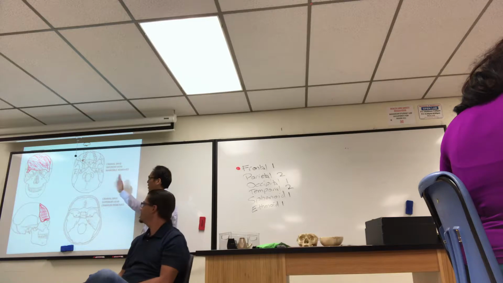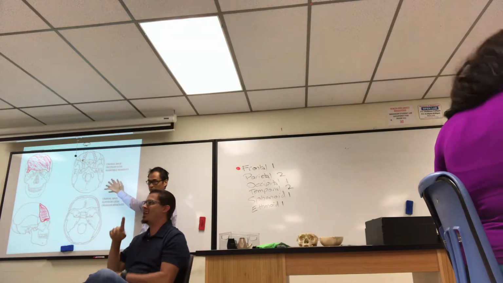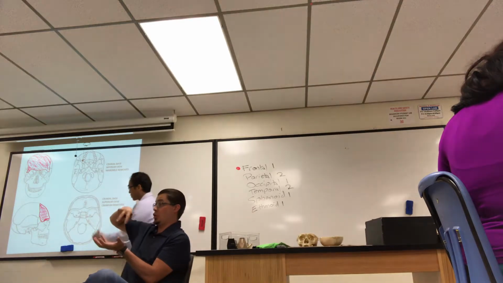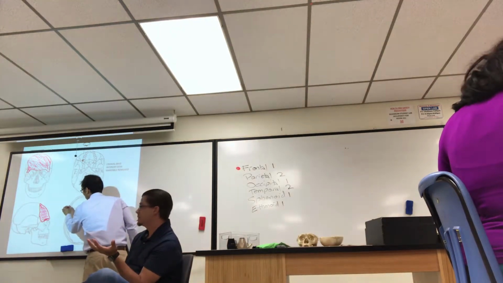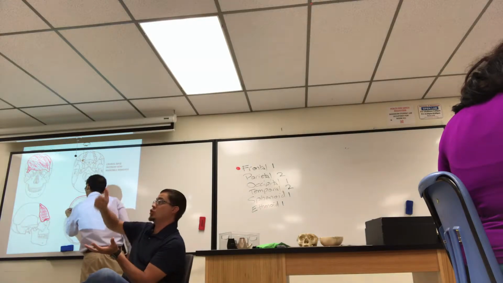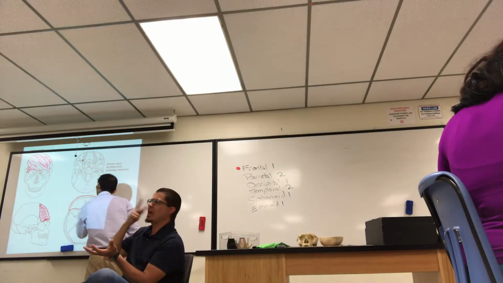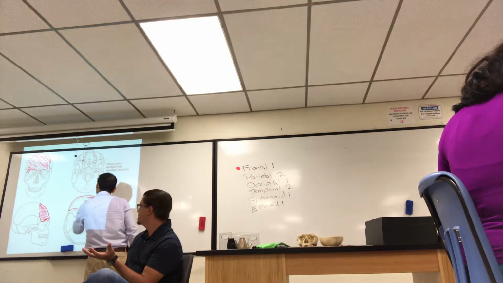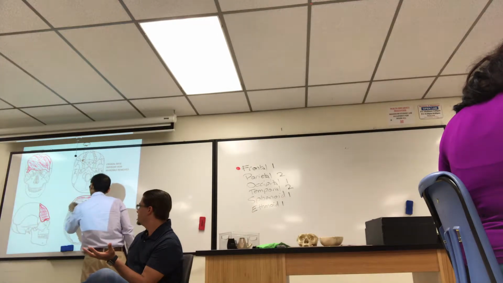Can't really see much of it from the inferior view. You can see it from the superior view. It's pretty much, let me trace it out here. Frontal bone. There's an ethmoid bone in the middle. Okay, it's kind of like all that area.